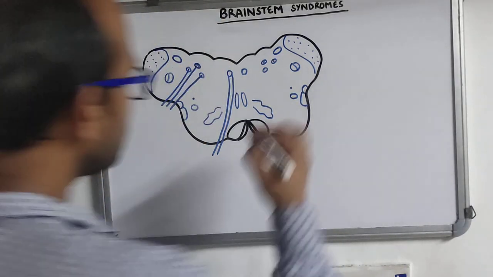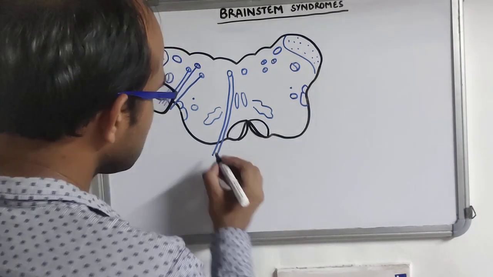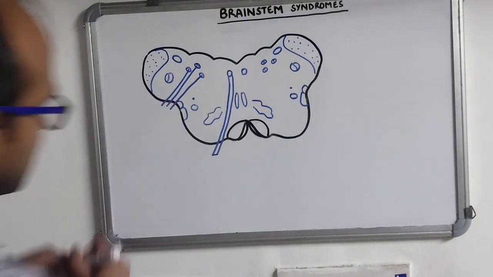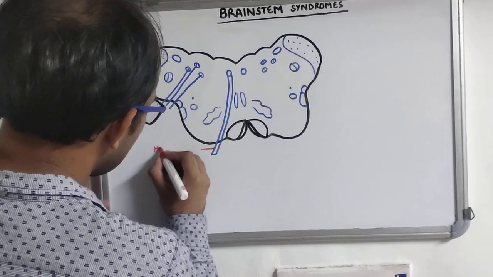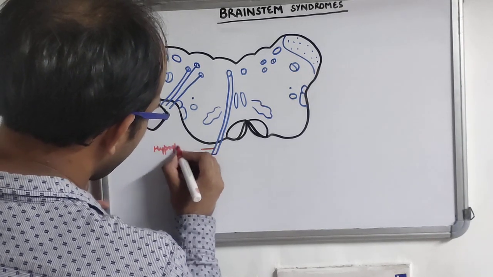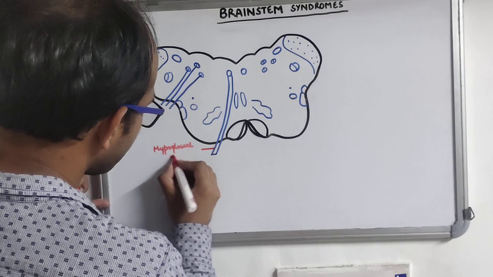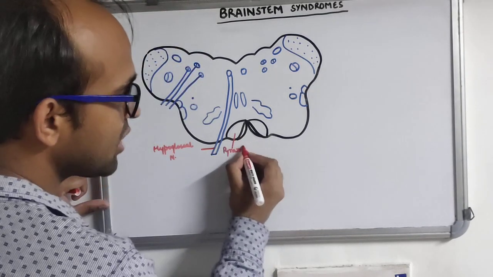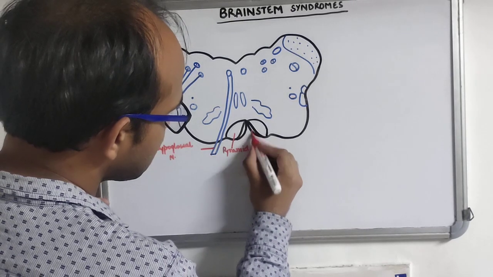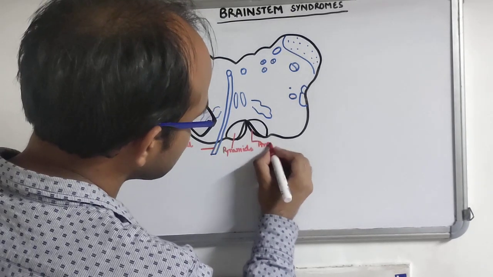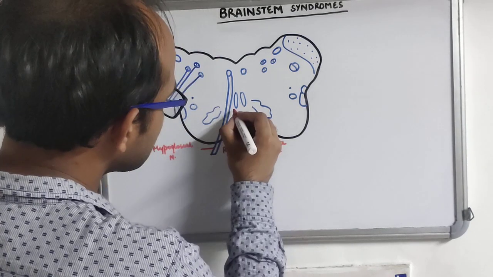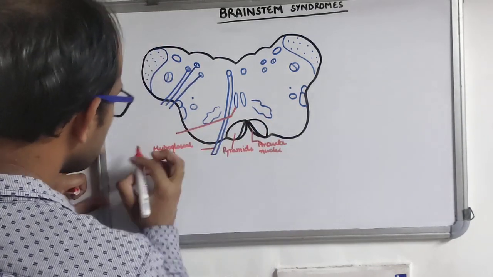I've tried to make it as simple as I can. Now if I label, this is the hypoglossal nerve. These are the pyramids which contain corticospinal tracts. This is the arcuate nuclei. This is the medial lemniscus.